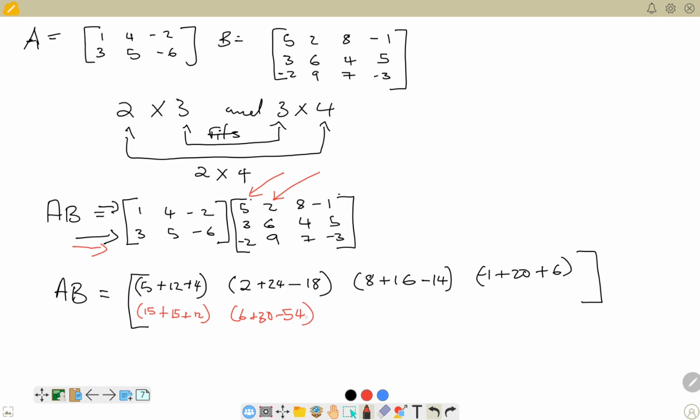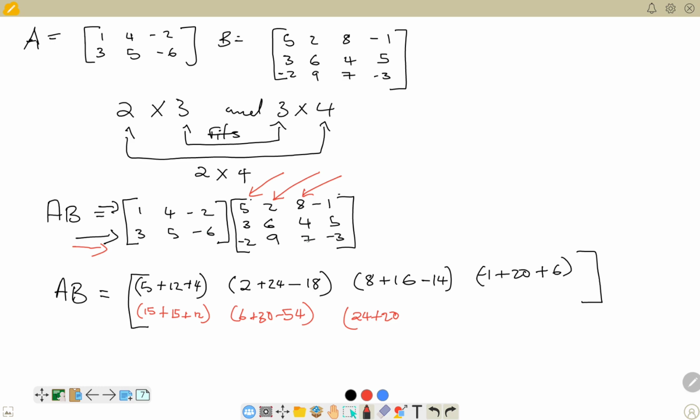Then we are done. Then we move to the third column. 3 times 8 is 24. 5 times 4 is plus 20.